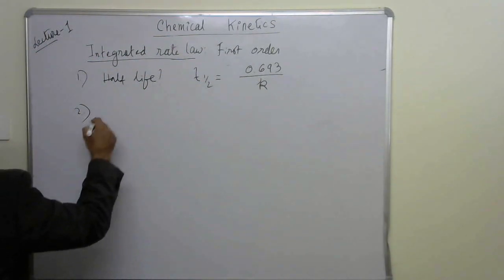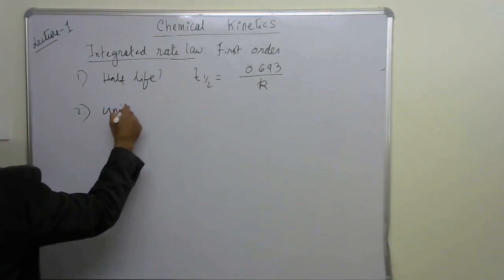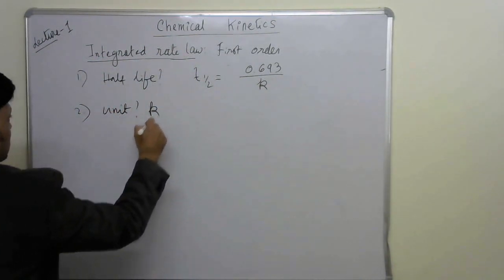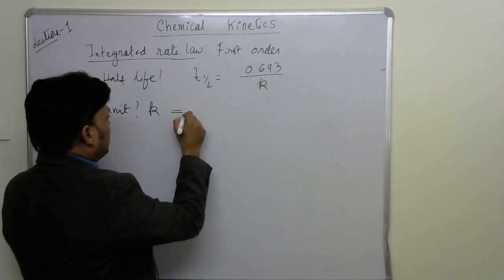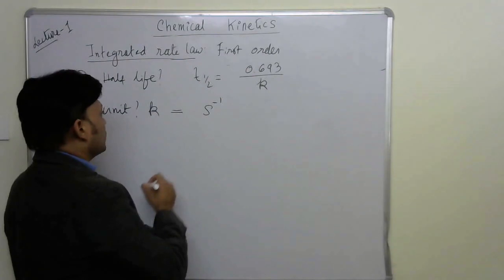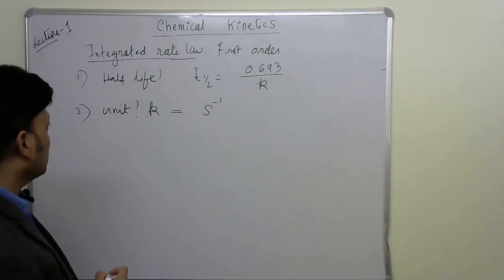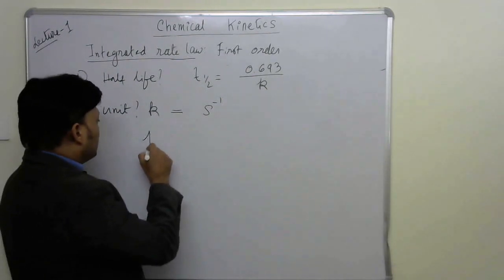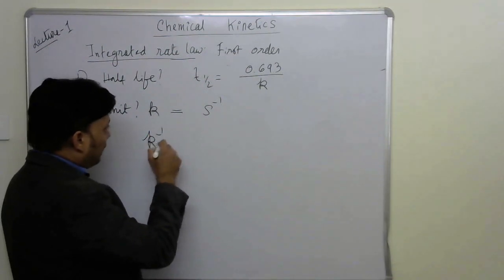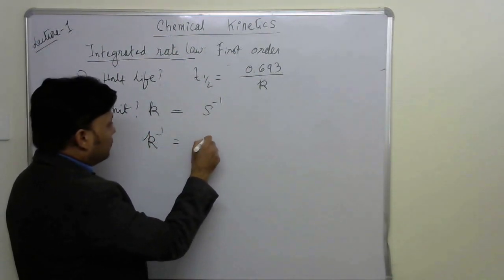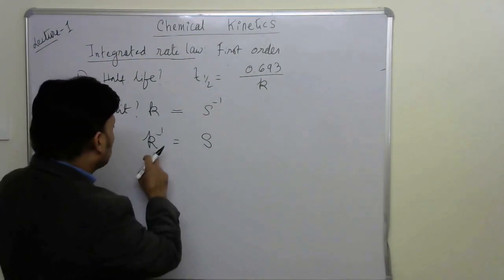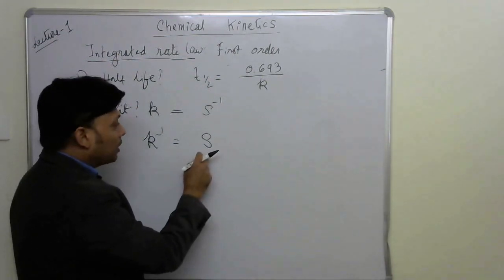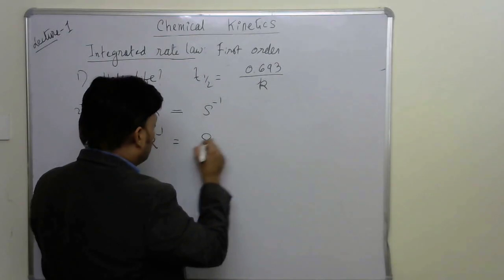And number two is, what is the unit or dimension of the rate constant? The unit of the rate constant comes as second inverse, or time inverse. Interestingly, if we take the inverse of k, the rate constant, it gives you the time dimension. So the inverse of the first order rate constant is only time.